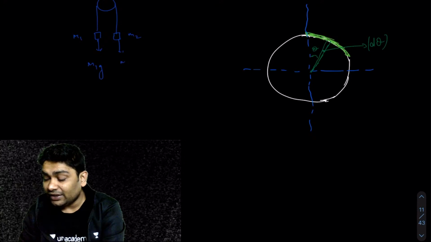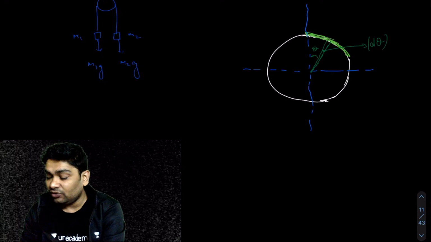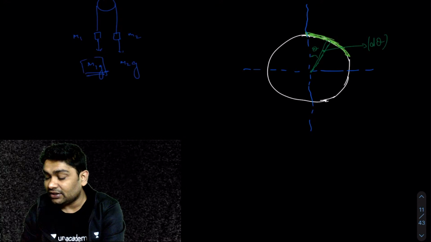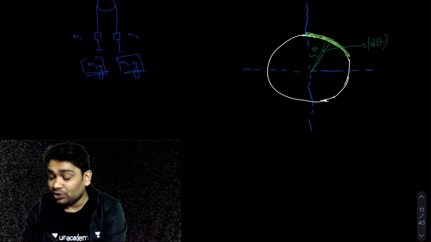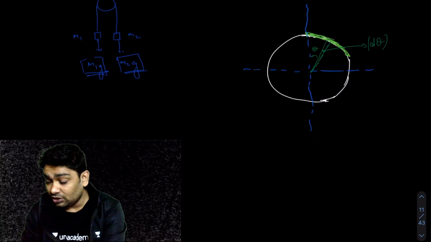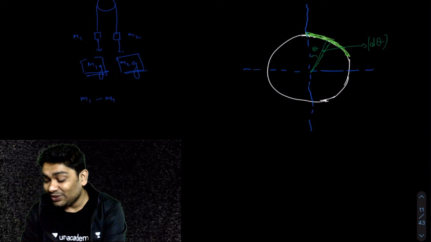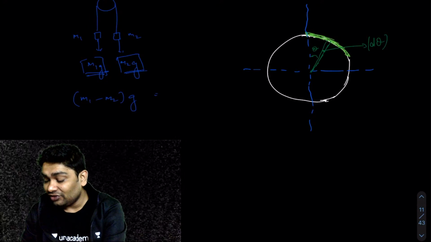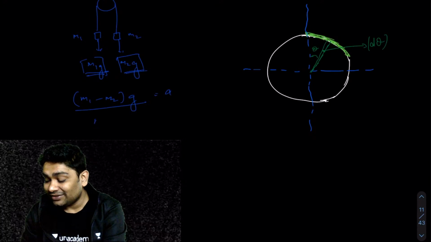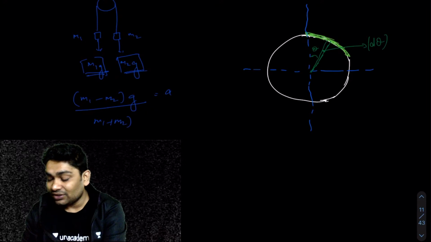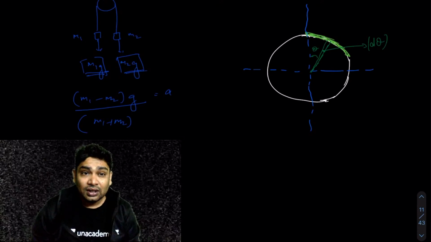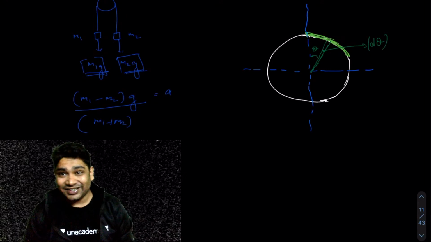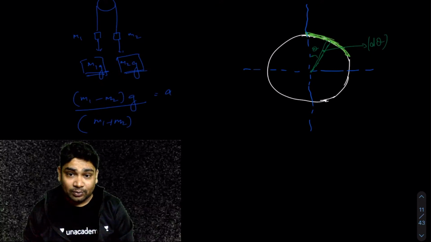The external force causing the motion here is m1g, and the other is m2g. So the net external force causing the motion would be (m1 minus m2)g, and the acceleration would be that over the total mass of the system. This was the trick we used in solving pulley problems, so we can use a similar approach.